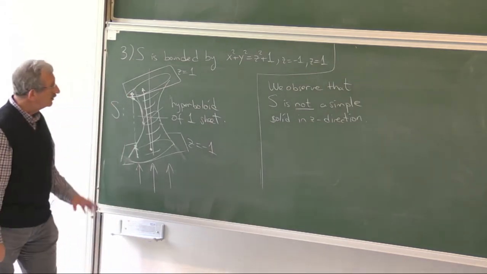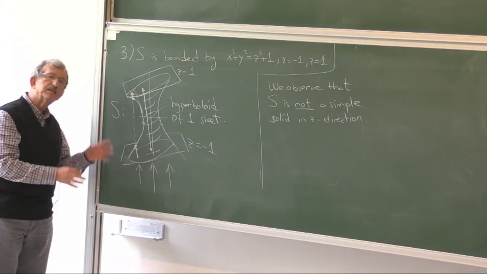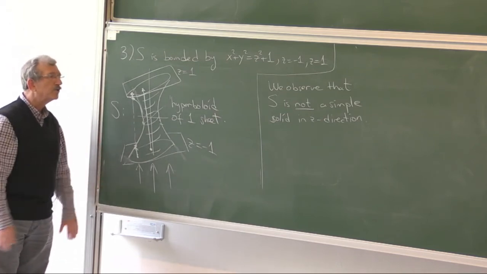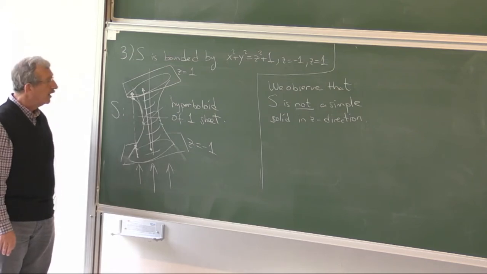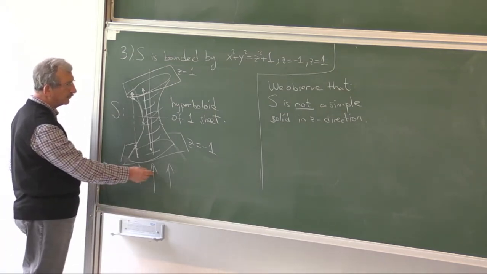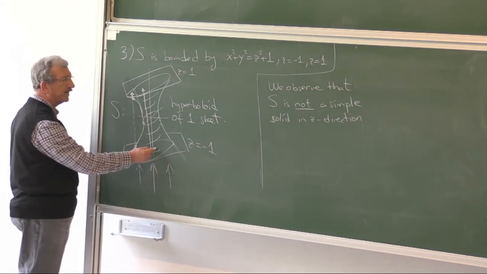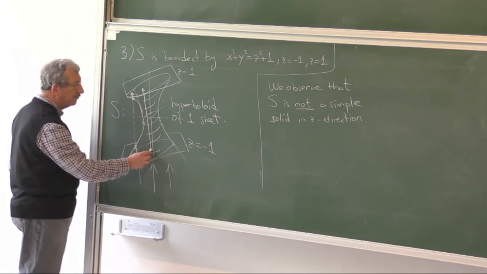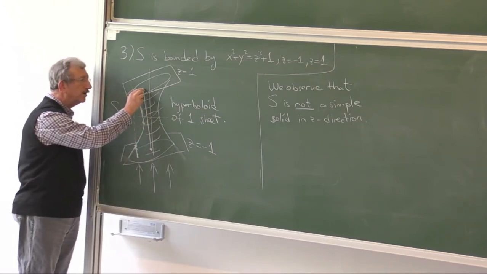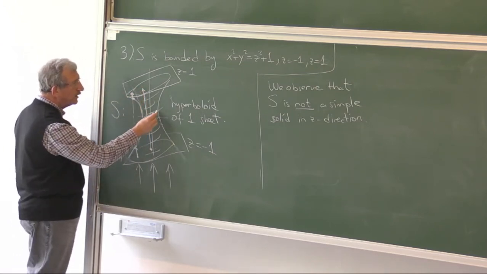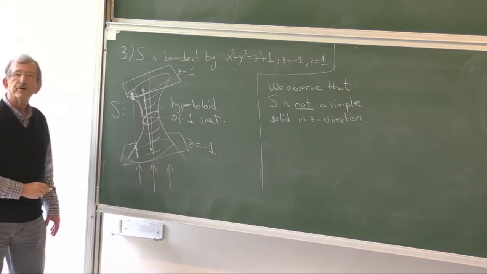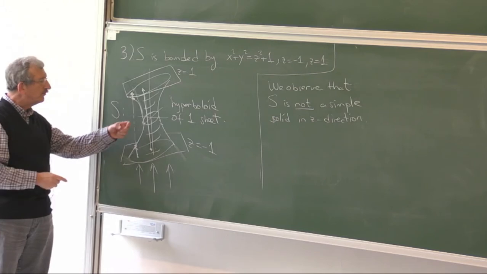How can we divide S into pieces so that these become simple with respect to Z first? Well, if we start with the middle one, that is entering from Z equal to -1 and being inside and then leaving from Z equal to 1, it requires that we must be within this cylinder with radius 1.